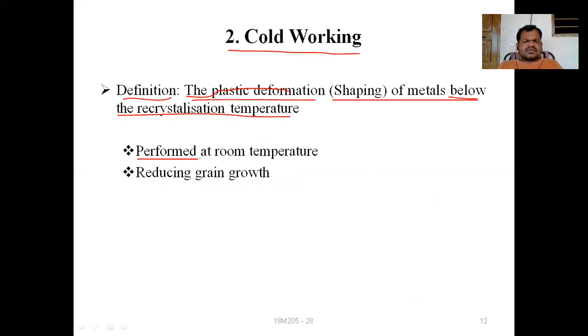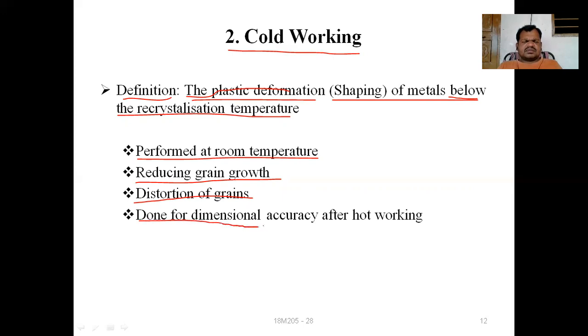It is performed at room temperature, reducing grain growth, and distortion of grains happens because the temperature is below the recrystallization temperature, so the grains get closer together. It is done for dimensional accuracy after hot working.